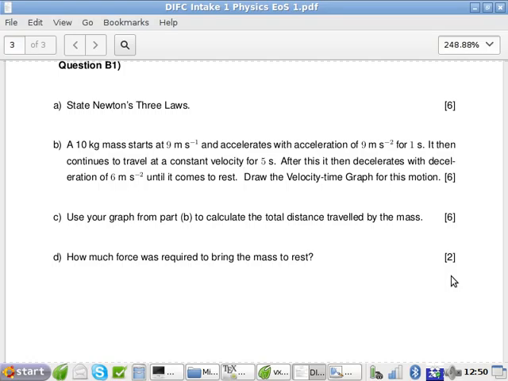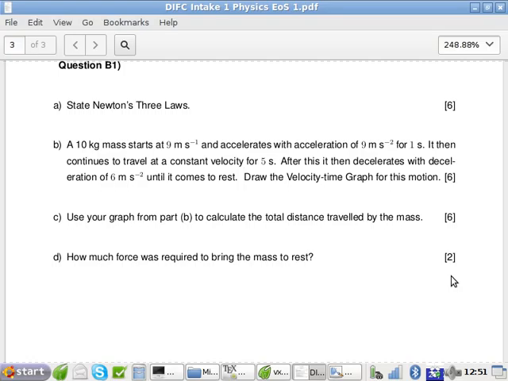And then part 2 is the graph. It starts at 9, not 0. It accelerates for 1 second, then constant speed for 5 seconds, and then decelerates to rest. So the graph doesn't start at 0, look, it started here.